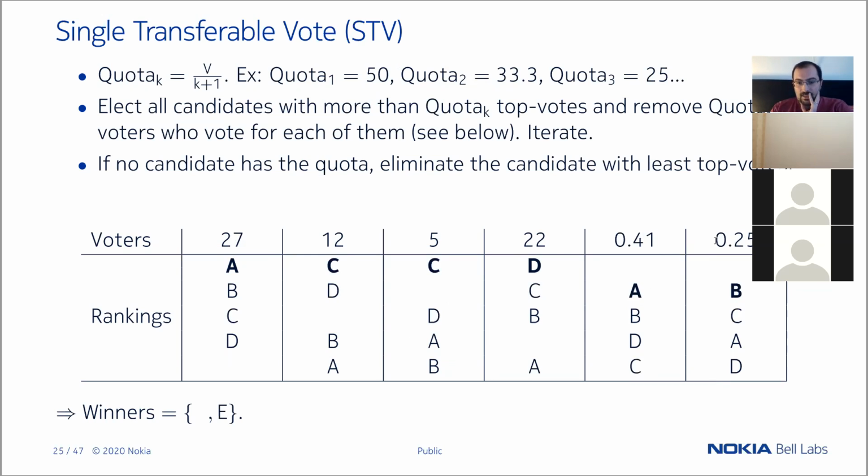Sorry, there's a mistake in the example. B should be eliminated, and C too. And after the elimination of B and C, D now has 12 plus 5 plus 22 votes. So D now reaches the quota, and D is going to be elected too. So the final committee is D and E.